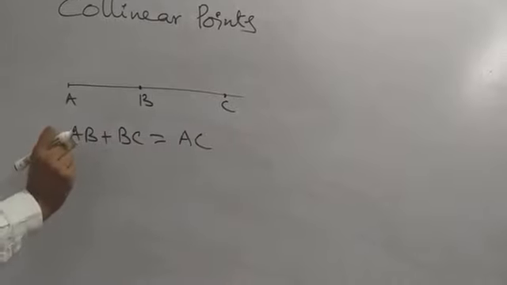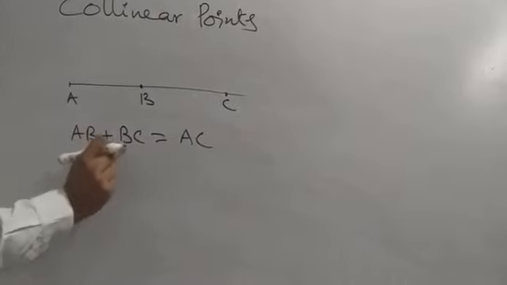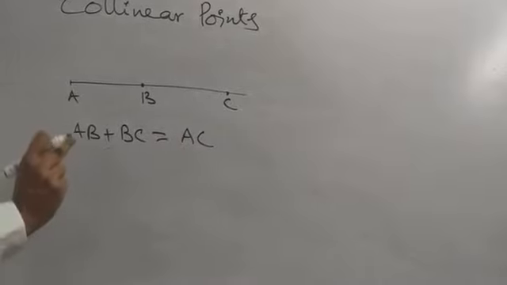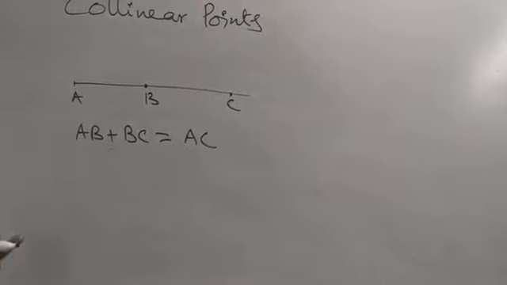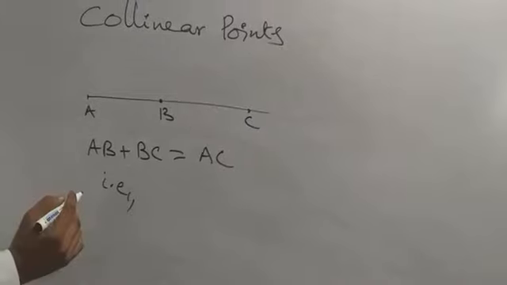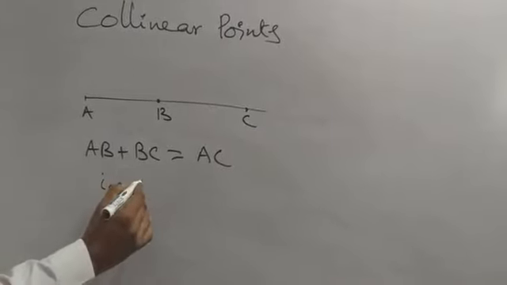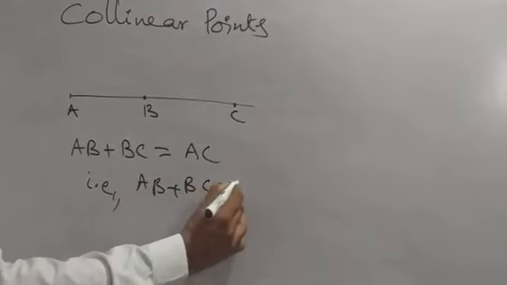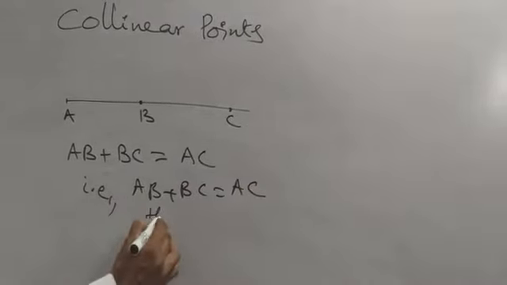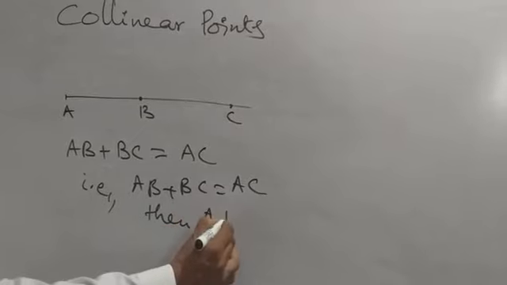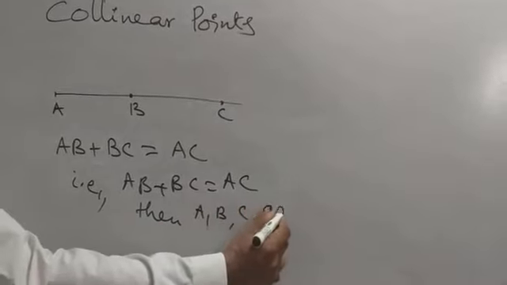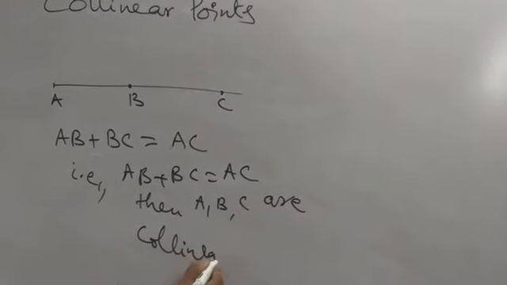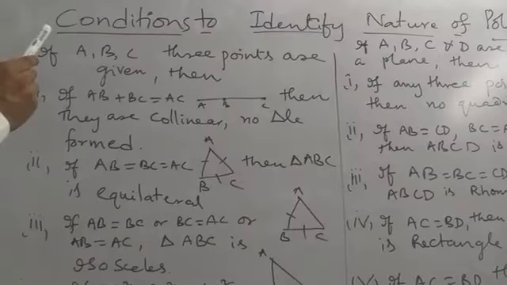If the sum of the distances AB and BC is equal to AC, then A, B, C are collinear in that order. That means they lie on the same line.